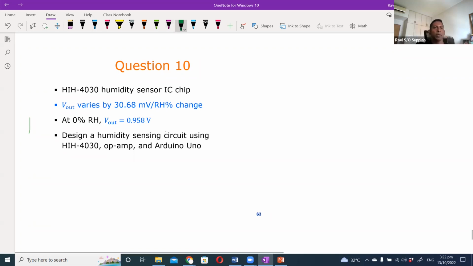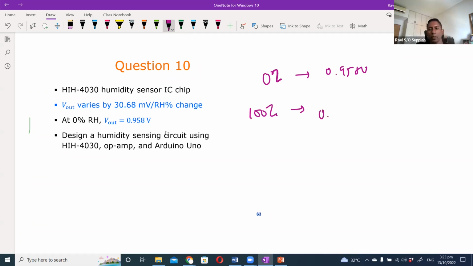The same thing, we need to first understand: at 0%, we get 0.958 volt. Now at 100%, what do we get? I put it into the range that we had. It will be the 0.958, which is at 0%, plus this relationship, 30.68 milli multiplied by 100, because now it is 100%.